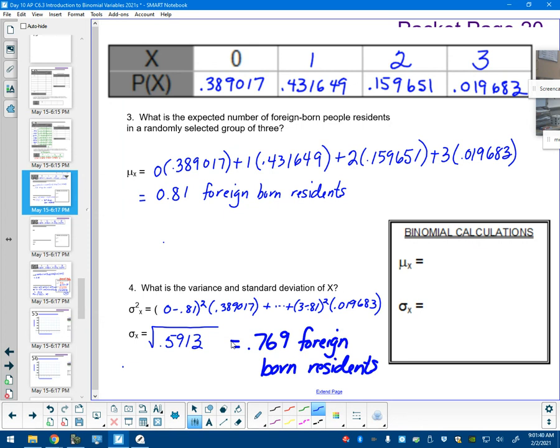So this is doing it the old school way, meaning what we just reviewed from 6-1. All right. The last thing we're going to do today, because we're not going to do the binomial calculations, we're going to talk about that tomorrow, is we're going to complete page 21.